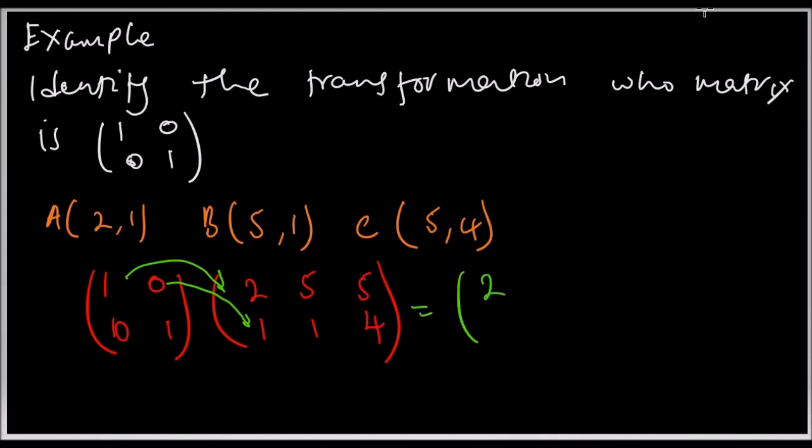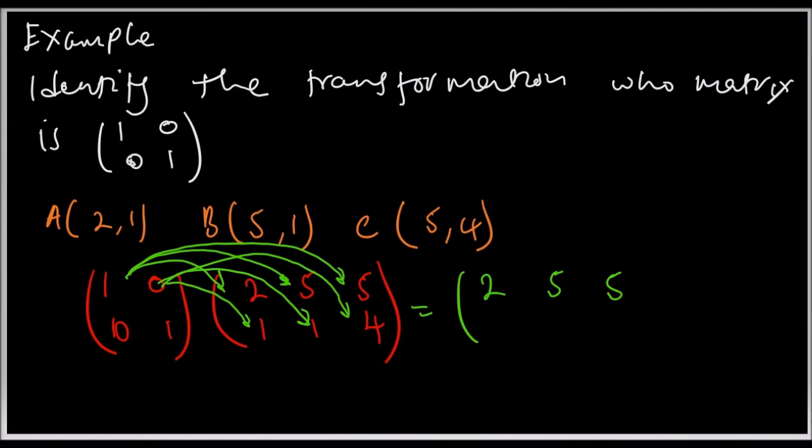The same applies here: 1 multiplied by 5 is 5 and 0 multiplied by 1 is 0, so 5 plus 0 is 5. Then 1 multiplied by 5 is 5 and 0 multiplied by 4 is 0, so 5 plus 0 is 5. So that is how you multiply. I just thought we should remind ourselves how to do that.